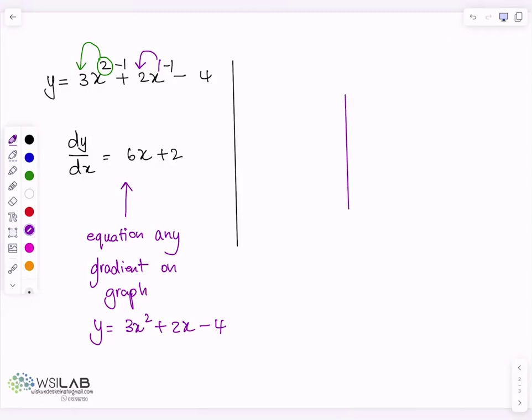That graph will look something like this. There's the graph. And the equation 6x plus 2 can get me a gradient anywhere. Is your 6x plus 2 classified as an equation? It is the derivative, but the derivative gives you an equation to find any gradient.